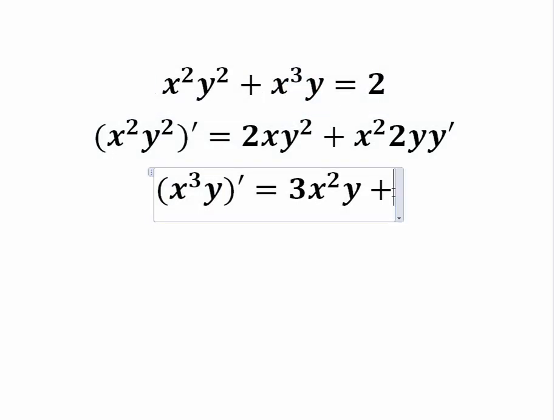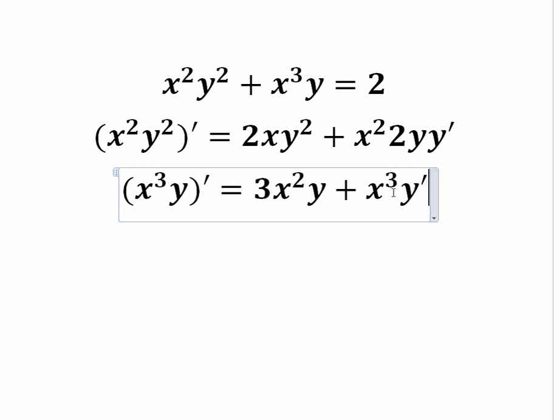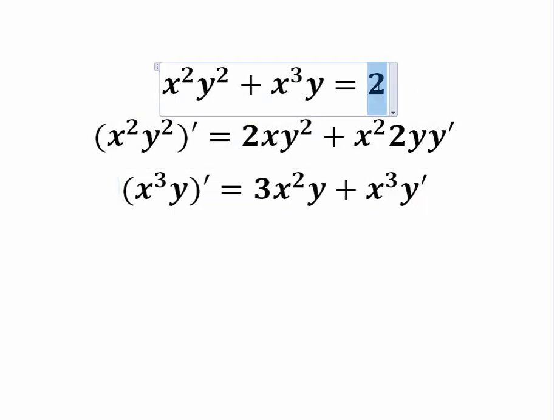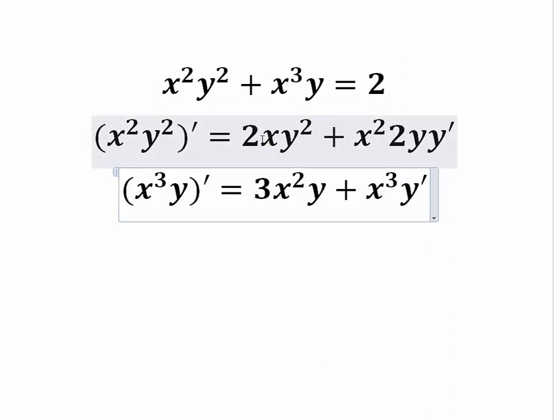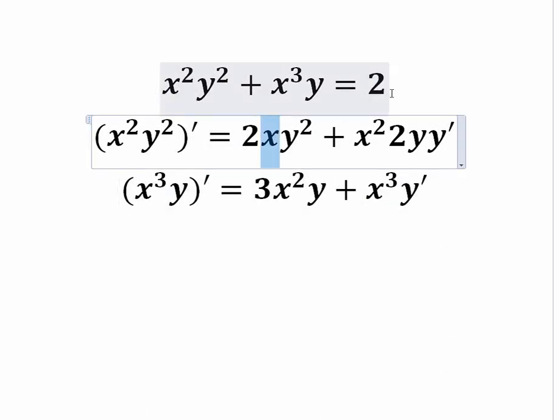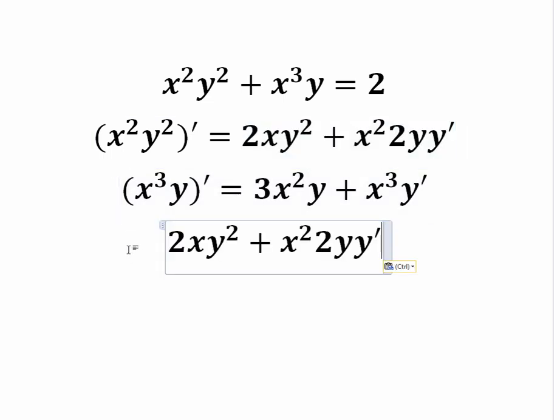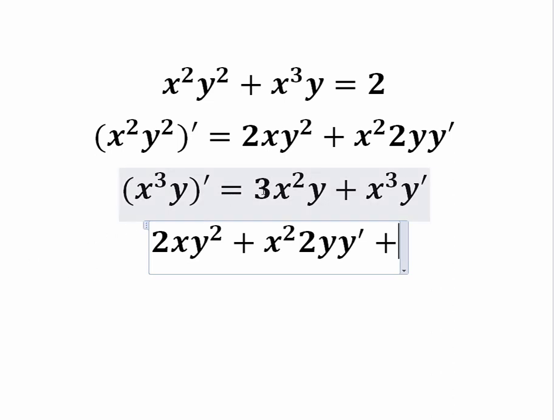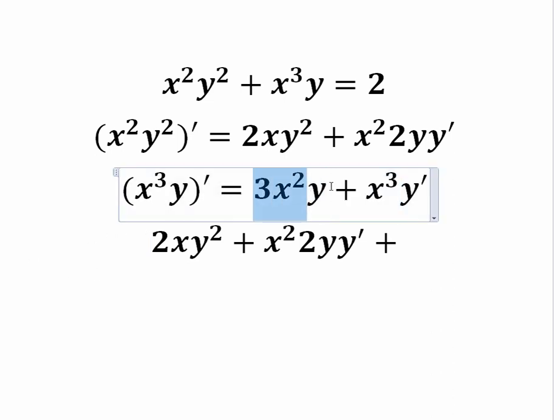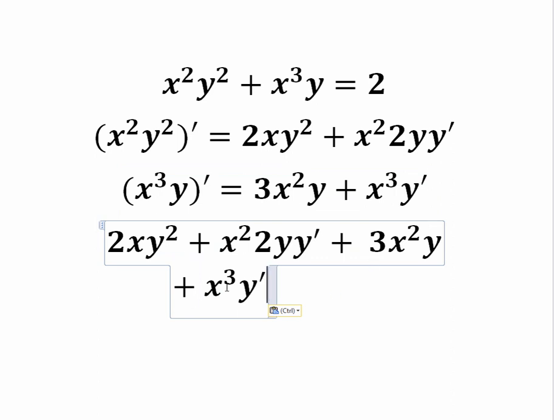I'm copying and pasting for convenience here. And the derivative of 2 will of course be 0. So when we differentiate this equation, we get that this quantity here plus the quantity here, that sum is going to be 0, and then all that we have to do is solve for y prime.